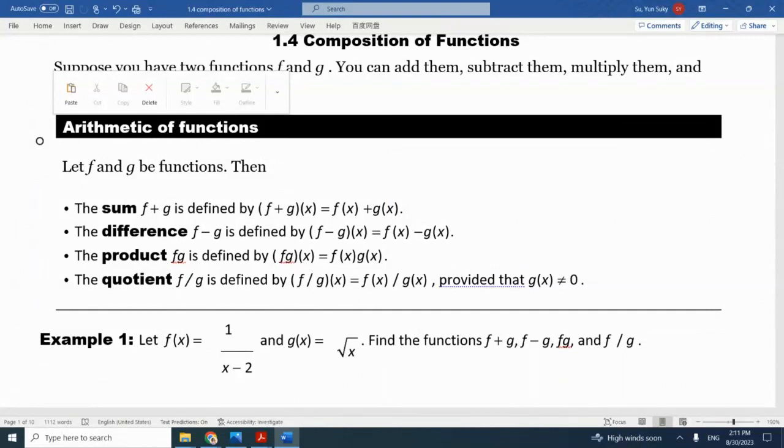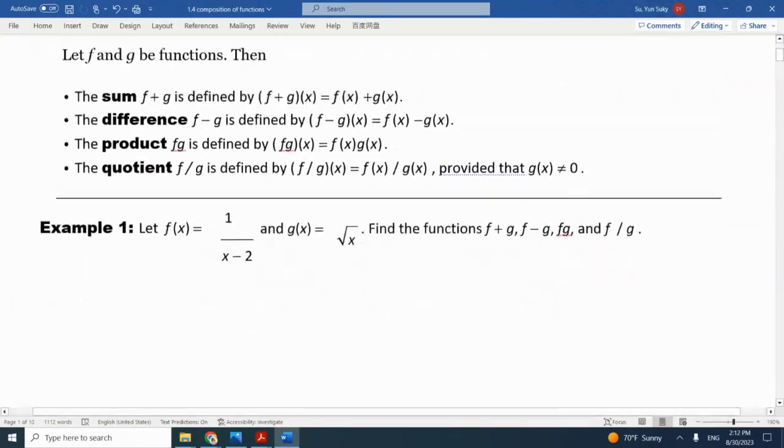The sum f plus g is f of x plus g of x. Makes sense, right? We just add those two functions. And the difference is f minus g. And products, just multiply them together. And quotients, divide them. But when you divide, make sure your denominator cannot be 0. Right, everybody?